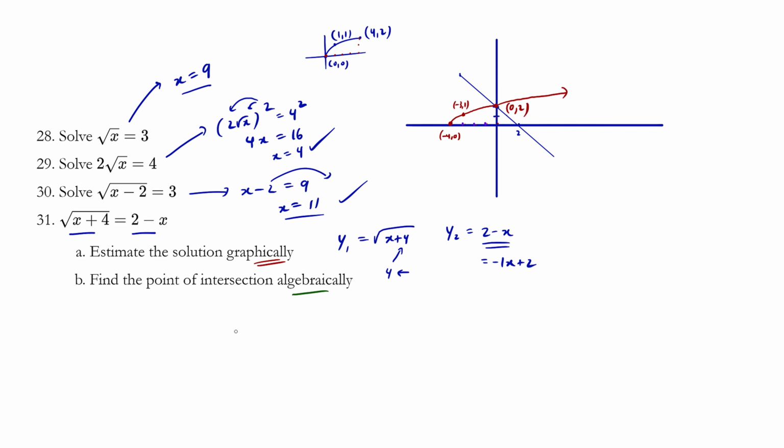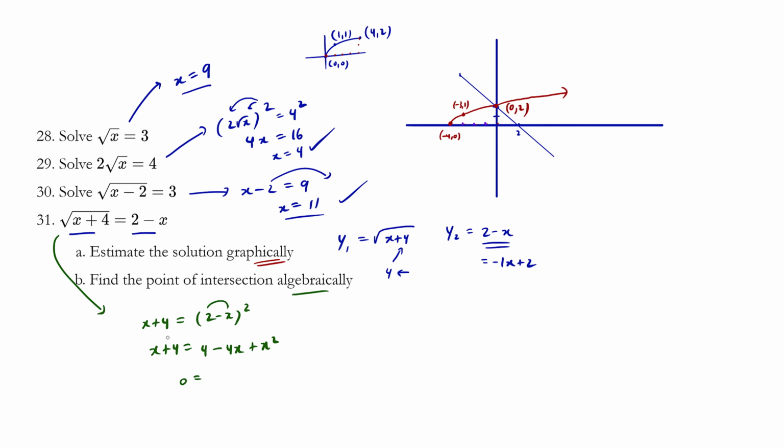Now let's try it the easier way using algebra. We're going to simply square both sides. So x plus 4 equals this squared, and you know how to FOIL. 2 squared is 4. You multiply these and double it, becomes minus 4x plus x squared.